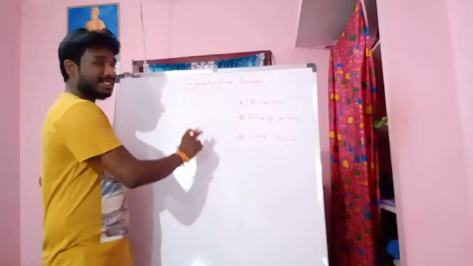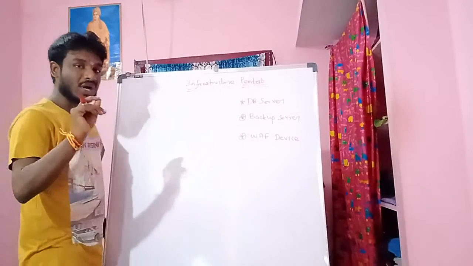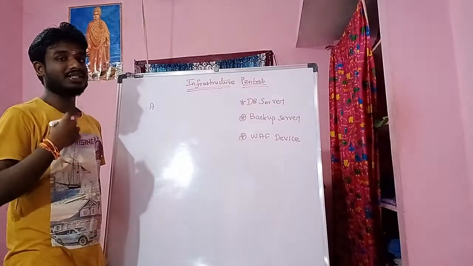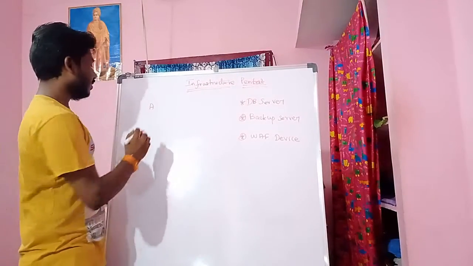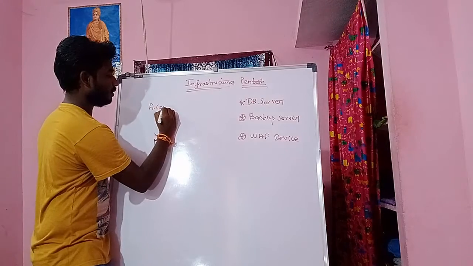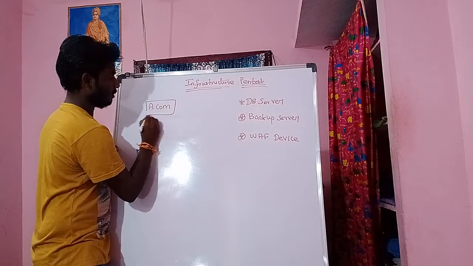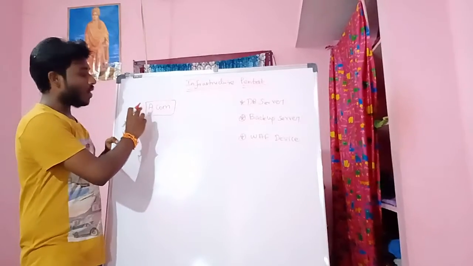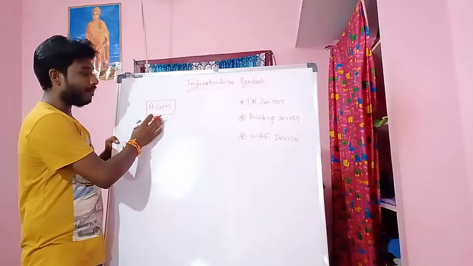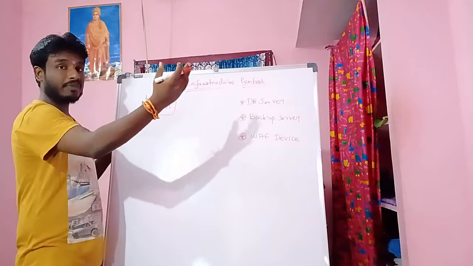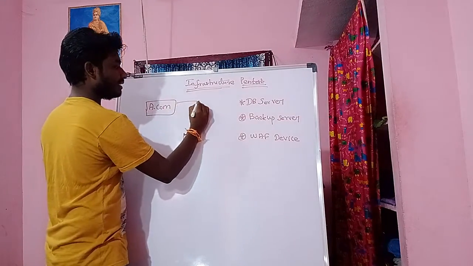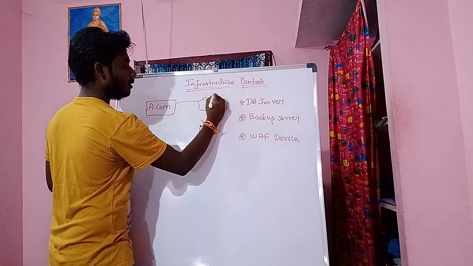Let's start with example one. I have an organization called a.com, and I have an application called a.com. How am I going to expose my application in front of customers? The a.com application will be accessed from the cloud.